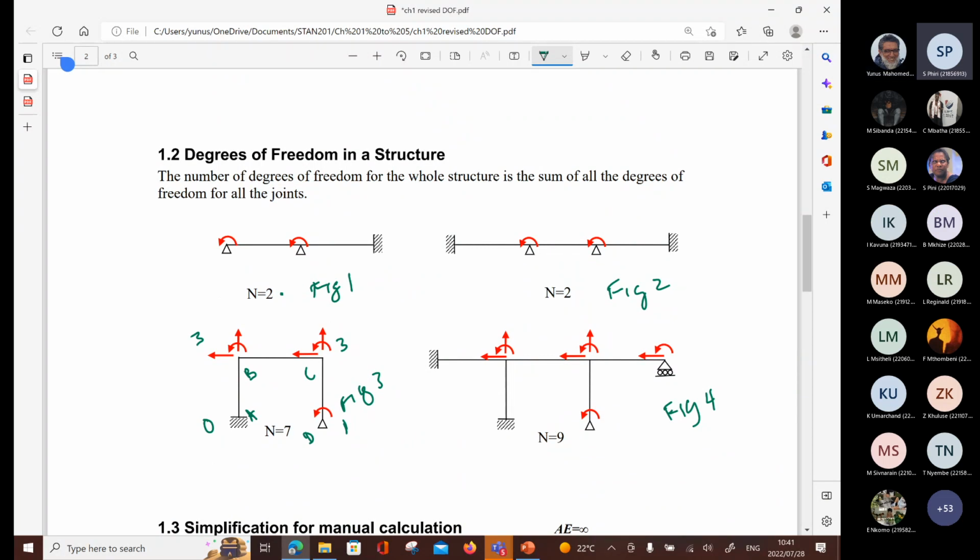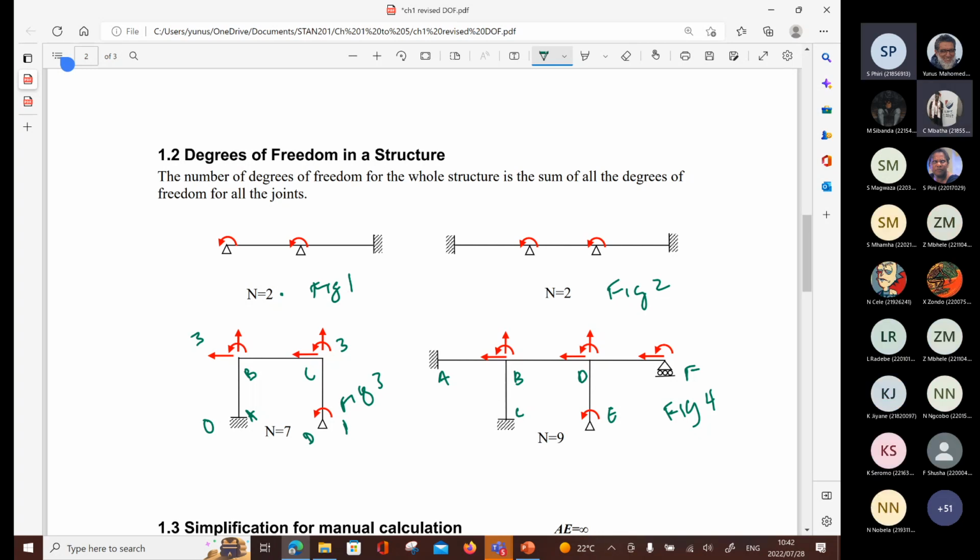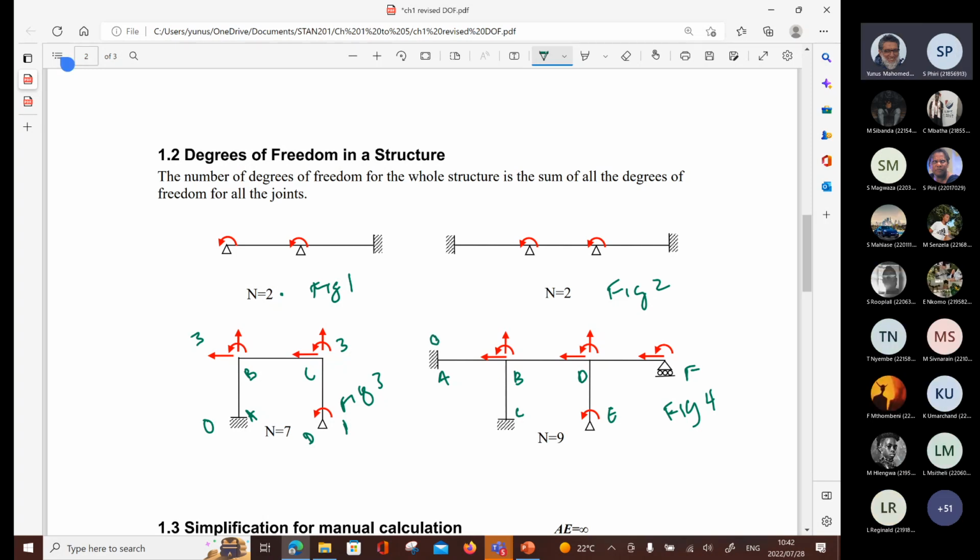Let's move on to figure 4. Here I'm going to have A, B, C, D, and E. And then in this corner, we'll call that one F. A, how many degrees of freedom? 0, correct. B, how many ways can it move? 3.